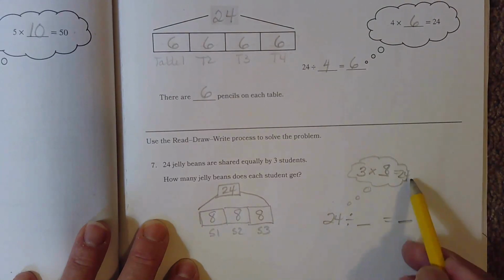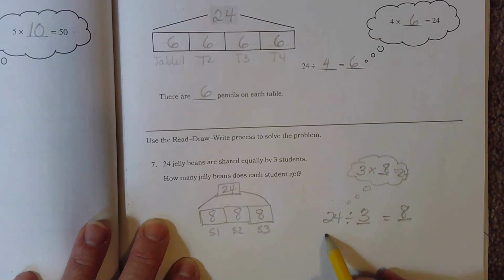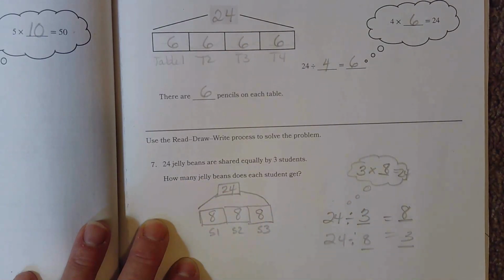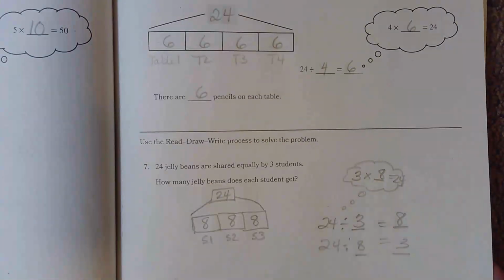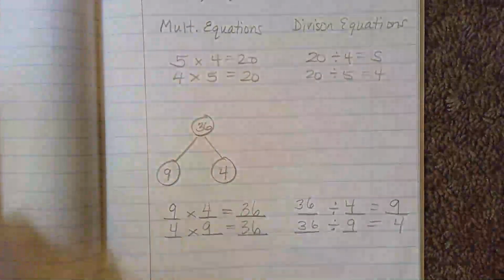So 24 divided by the 3 students equals 8. You could also say 24 divided into 8 jelly beans is going to be the 3 students. Okay, it will work either way. But you're using the read, draw, and write process to help solve that. All right, and that is the end of our lesson today.